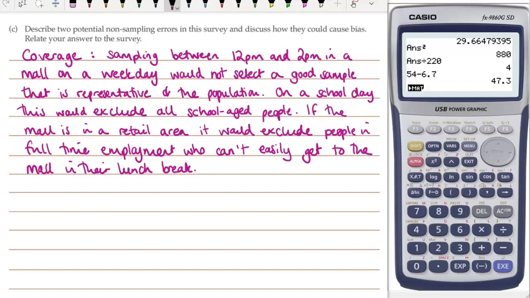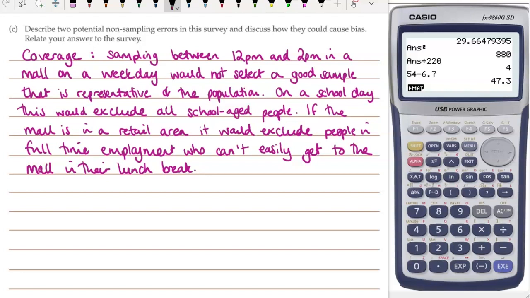So there's some ideas and details expanding on what I mean there. You could also put things down like it depends the area that the mall services. If it's one of the highly affluent areas, then you're likely to get different responses than if it was a mall that serves a community that has an income that's a bit lower than average.